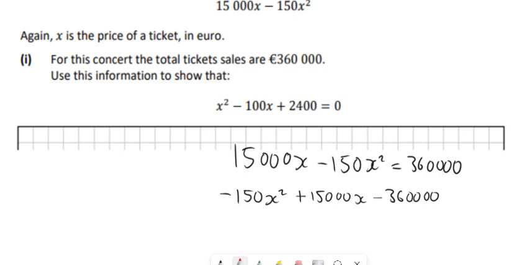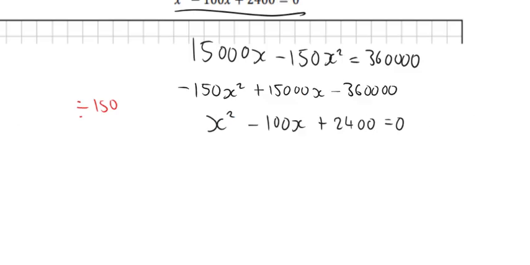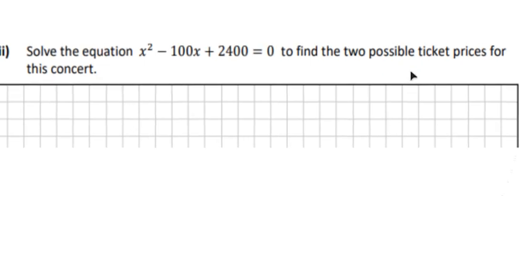I'm going to divide by minus 150 actually. And that'll change the x squared coefficient into a positive and the x into a negative and the number into a positive like it is up here, because this is what we should get back then. So we should get x squared minus 100x plus 2400 equals 0. And that's all. The last part is to solve that equation.